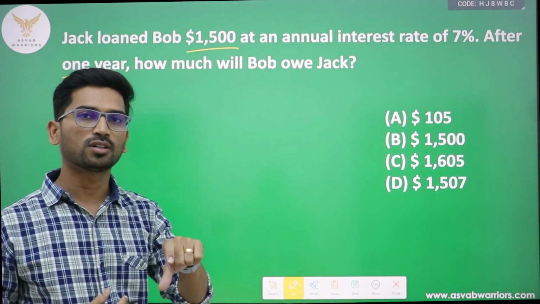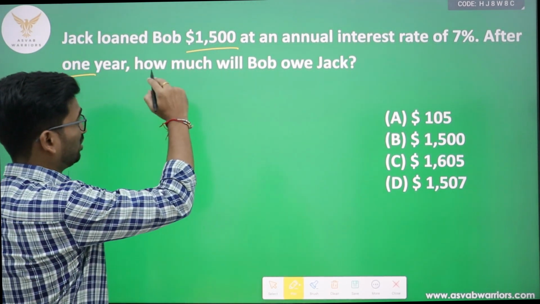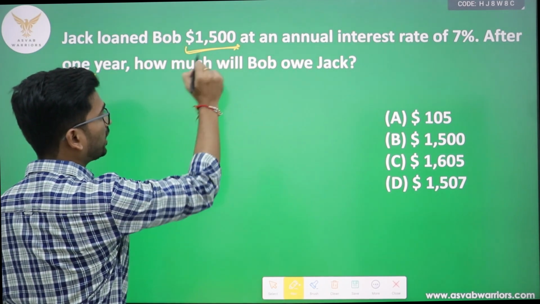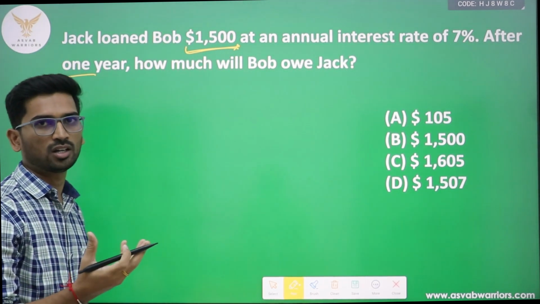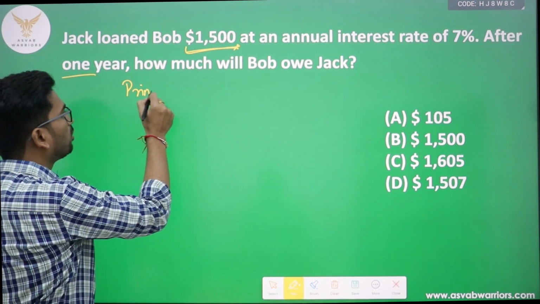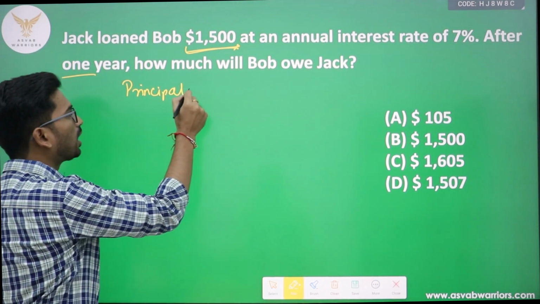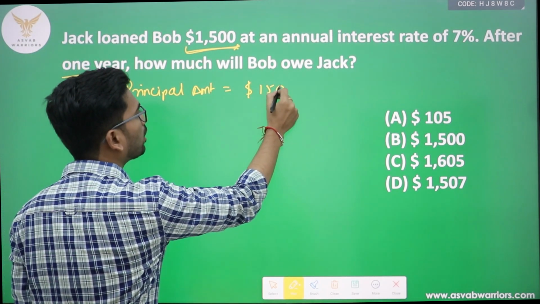First we will write down the given data. The first thing given is $1,500. This is the amount lent by Jack to Bob, which is called the principal amount.